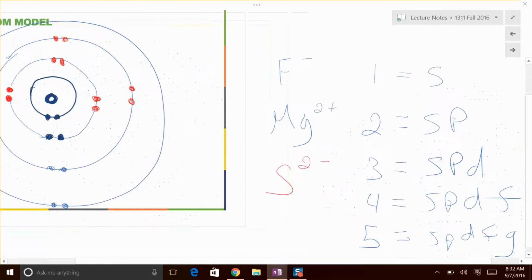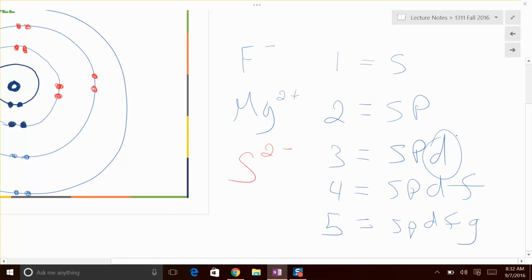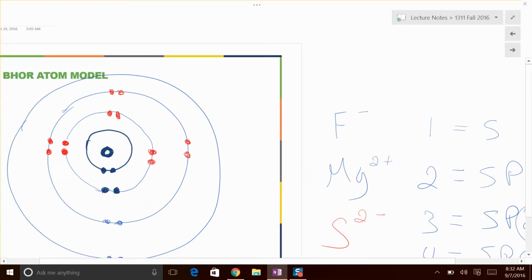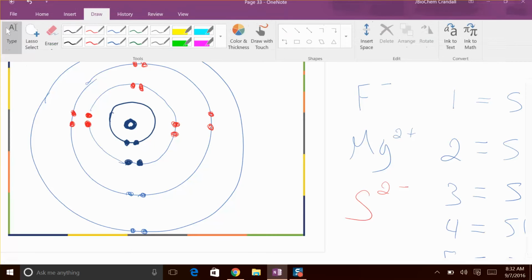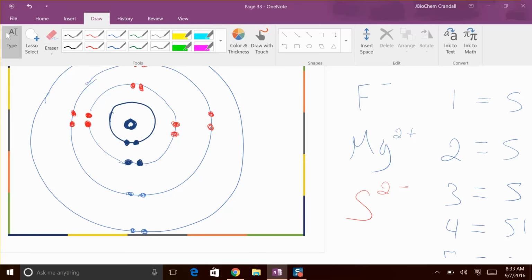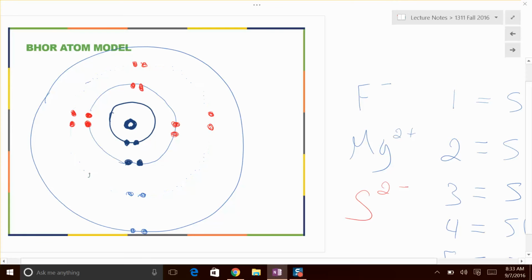So looking back here, the third energy level has a what? A D. This is the first D. That means it must pertain to the third energy level. Okay? So I have my fourth energy level here. And now I want to fill the D electrons. They don't go on the outside. They go on the inside. Whoops.